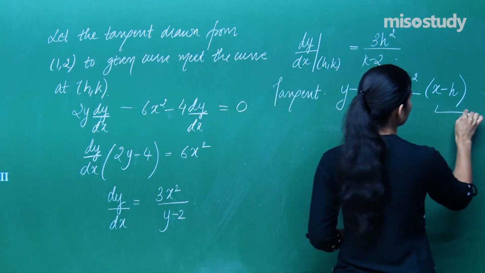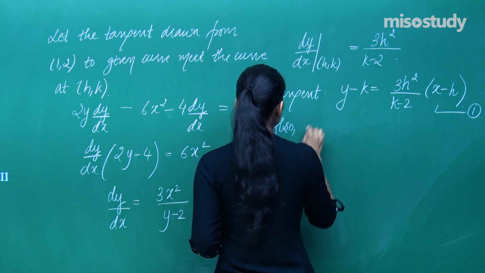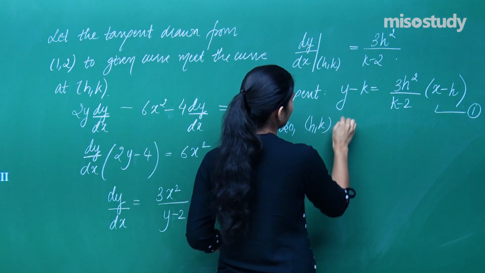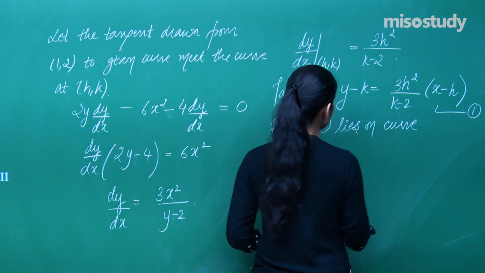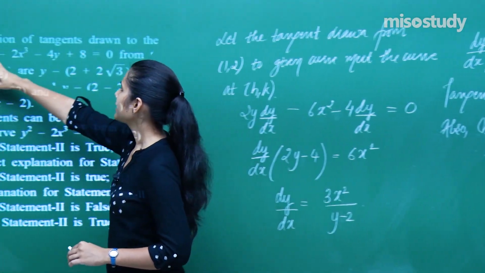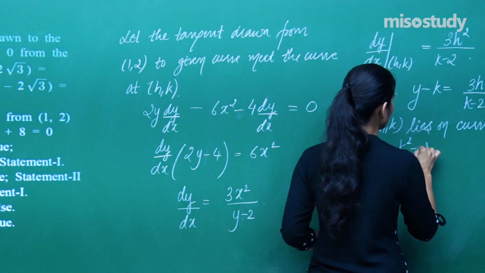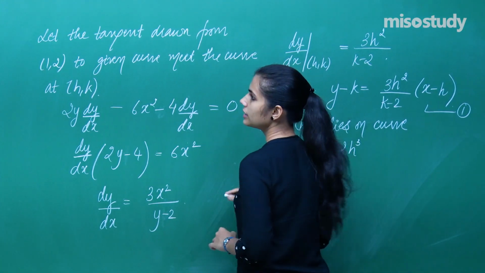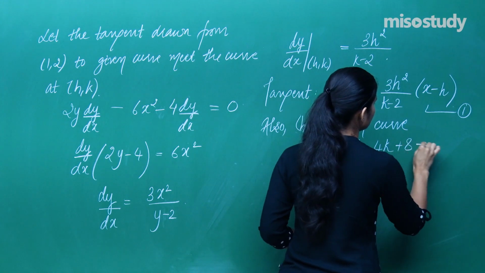This is one equation in h and k. Also, because h comma k lies on the curve, you know this, h comma k lies on the given curve, therefore it is going to satisfy the equation of the curve also. You will get k square minus 2h cube minus 4k plus 8 will be 0.